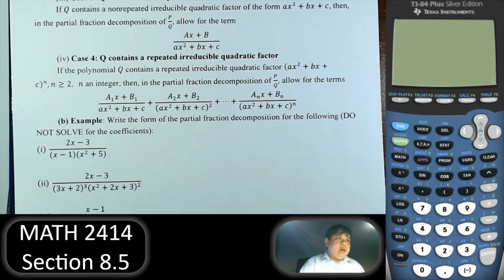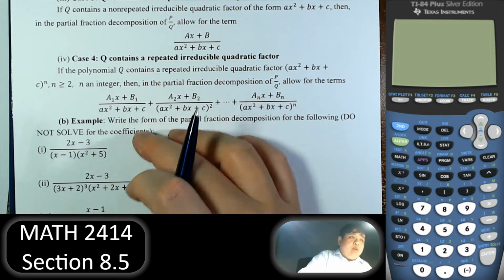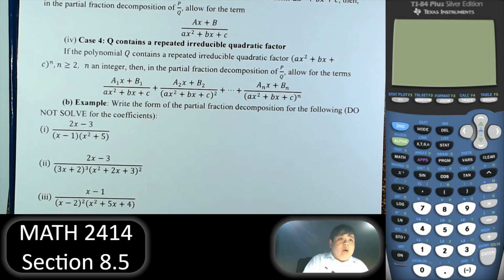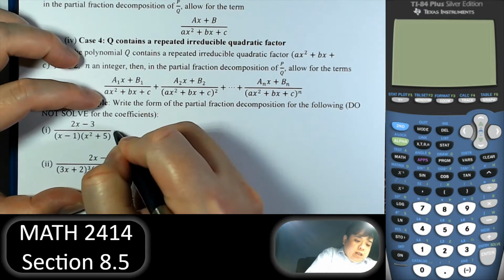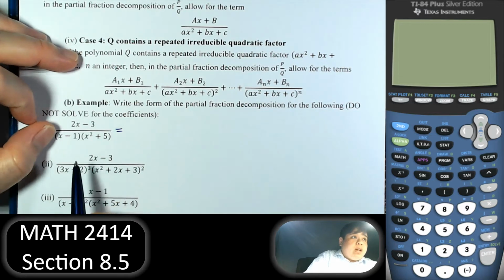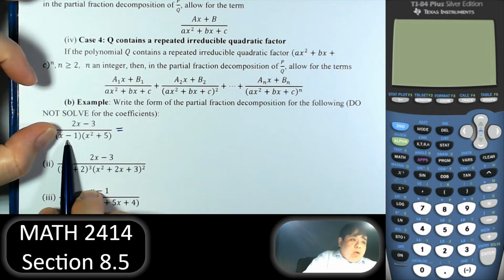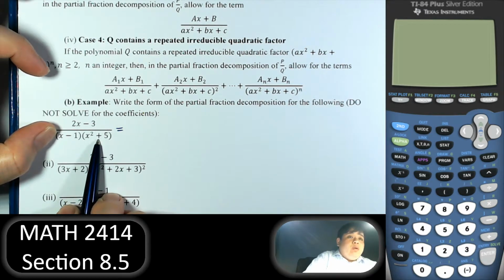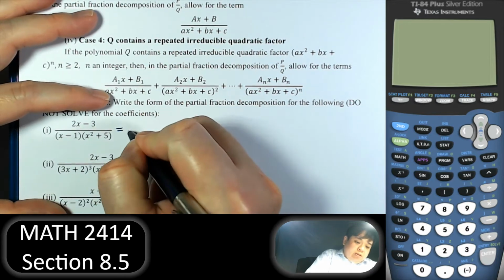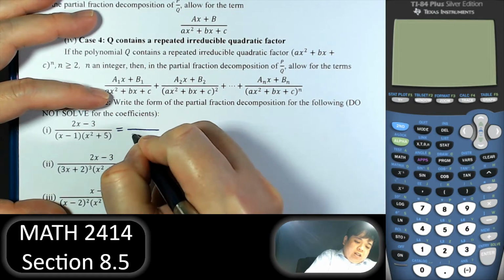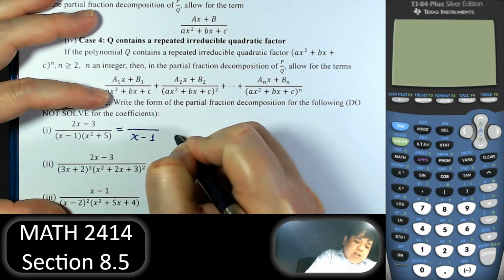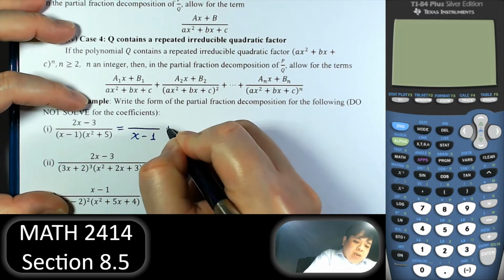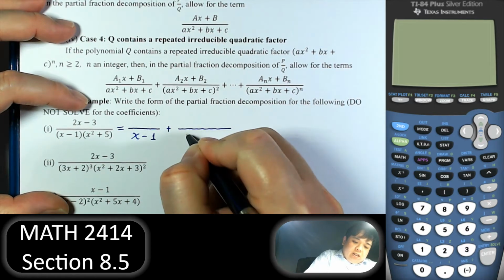So let's look at the first one. Now we just decompose using the coefficients. We do not evaluate the coefficients. First, this one is irreducible, we cannot factor it any further, and we have one linear factor and one quadratic factor.